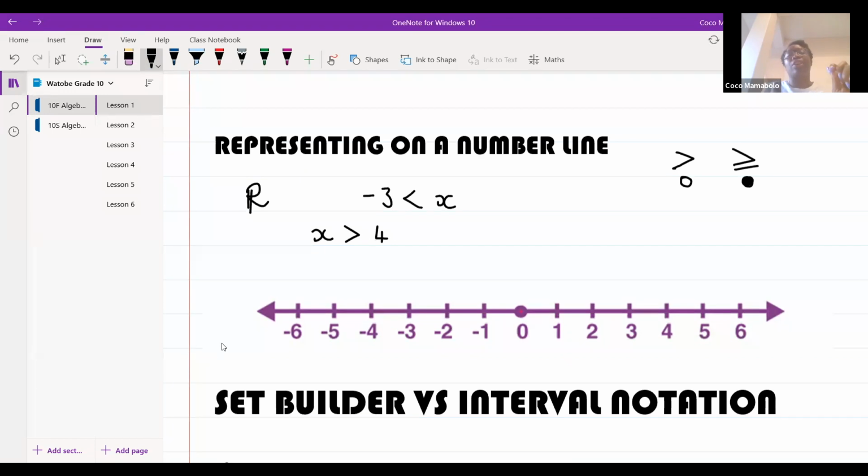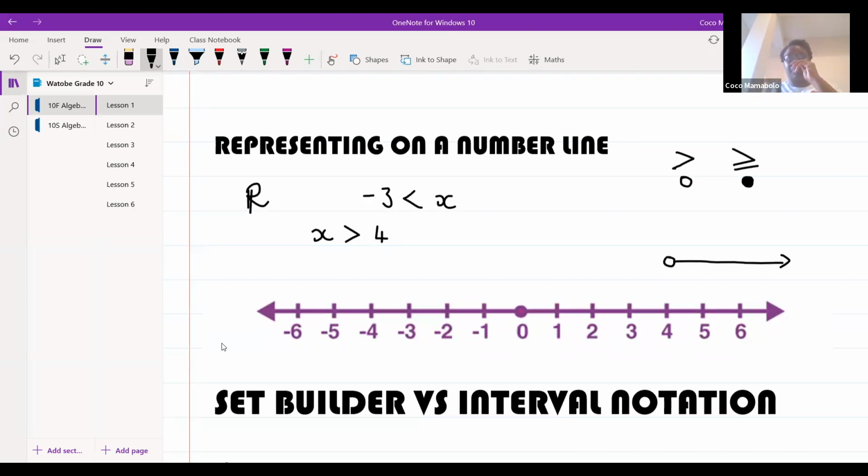Good, so does Rita. I agree with you guys. We are not going to color it in, because we're not including 4. Excellent. So I'm going to put it like this, and X is going to be every number greater than 4, so I'm going to go that way. Solid line. I don't have to make dots anymore because it's not integers.